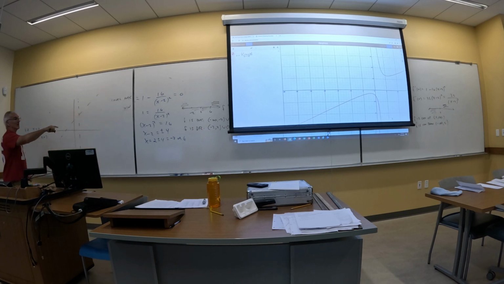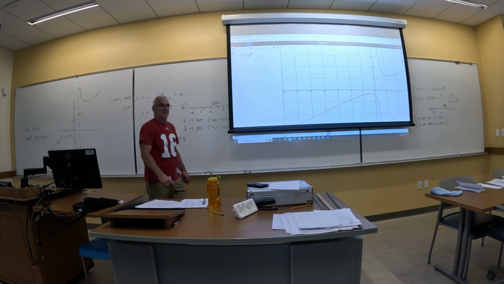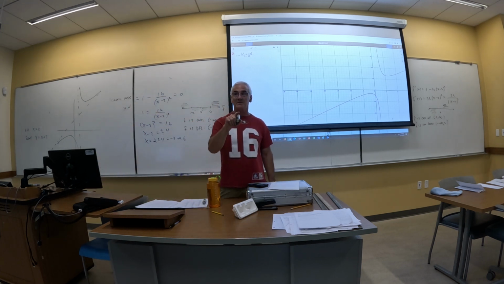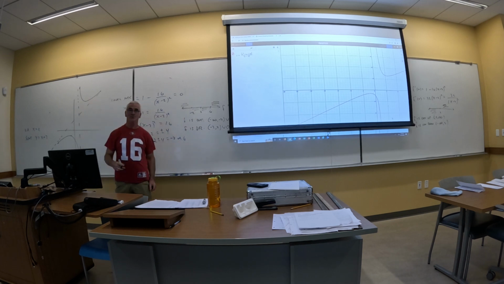We said f of negative 2 was equal to negative 3. And then f of 6 was equal to 13, about right here. This is how we used to do it in the old days. I didn't have to plot any other points. I needed to have those important points. And because these are asymptotes, I just have to have it approach the curve.